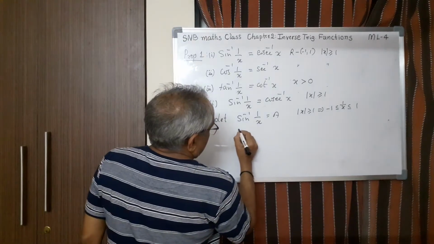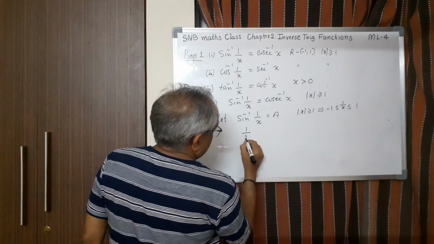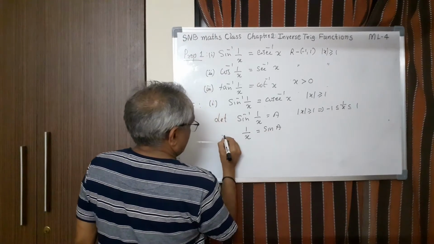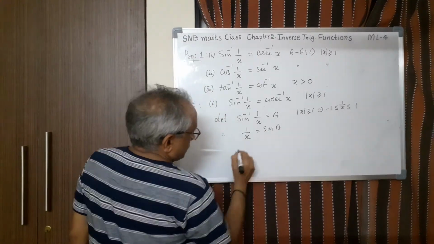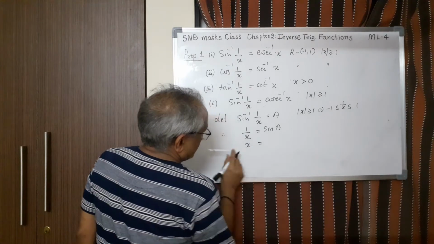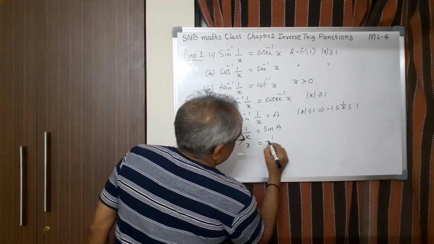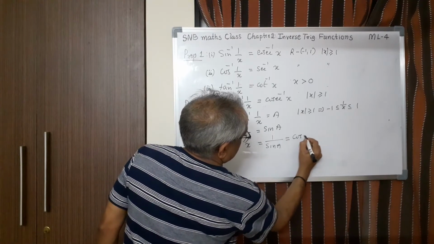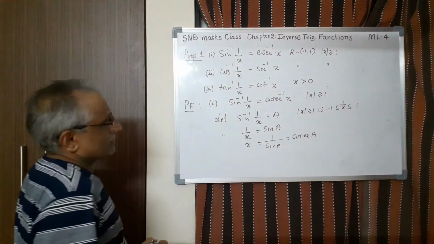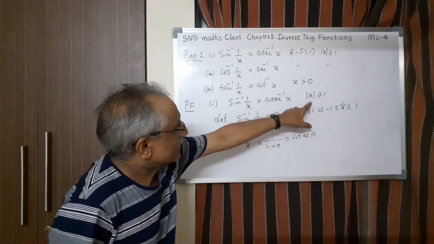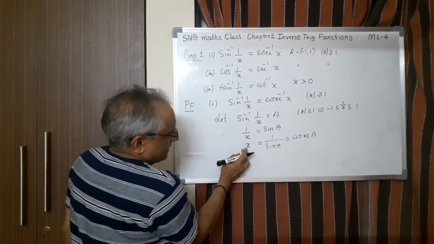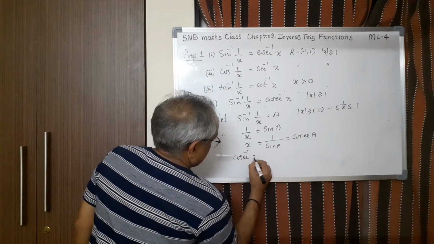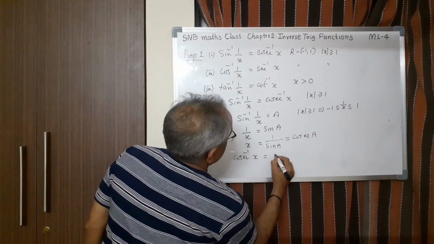So by definition, 1 by x will be equal to sin a. Therefore, x will be equal to 1 by sin a. But 1 by sin a is cosecant a. Now, mod x is more than 1. Therefore, definitely I can say cosecant inverse x must be equal to a.